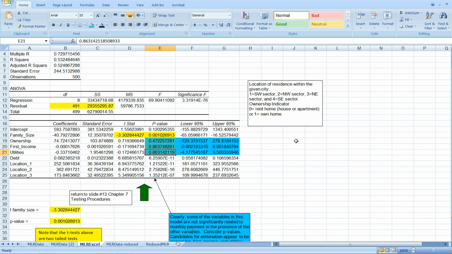That is, we would conclude that in the presence of the other 7 variables, ownership does not significantly improve the model. First income does not significantly improve the model. Utilities, in the presence of the other 7 variables, the utility payment, does not significantly improve the model.